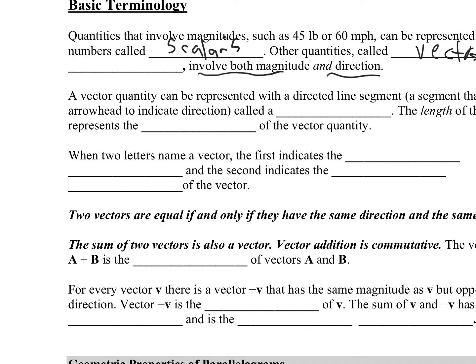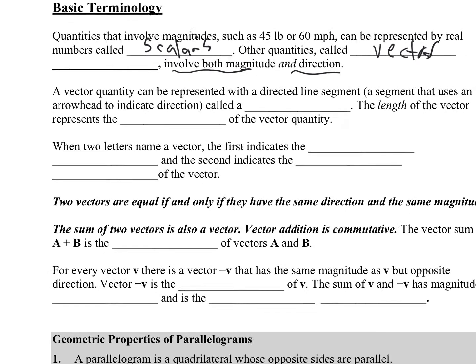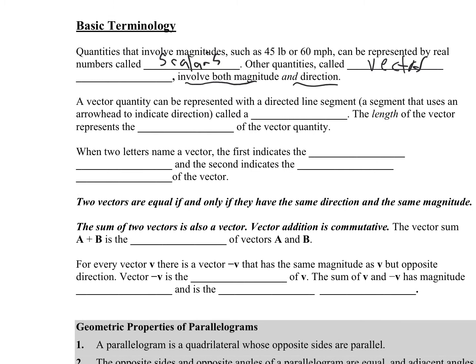Okay, a vector quantity can be represented with a directed line segment. That means I'm going that way and I'm starting here, or I'm going that way and I'm starting here. It gives you a direction. It uses an arrow to indicate direction.